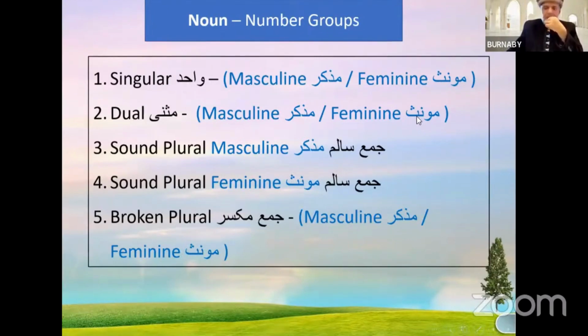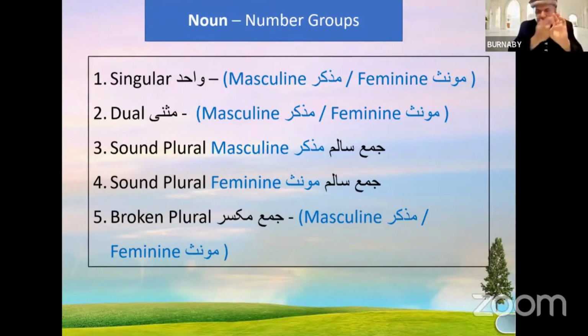Do we have sound plural masculine, Jama Salim Mudhakkar? Okay. Do we have Jama Salim Muannas? Yes. Good. Do we also have the broken plural, both Mudhakkar and Muannas? Yes. Okay.